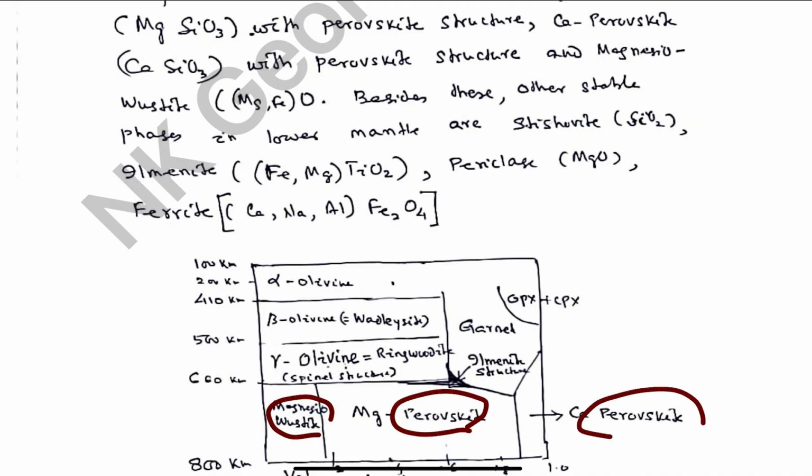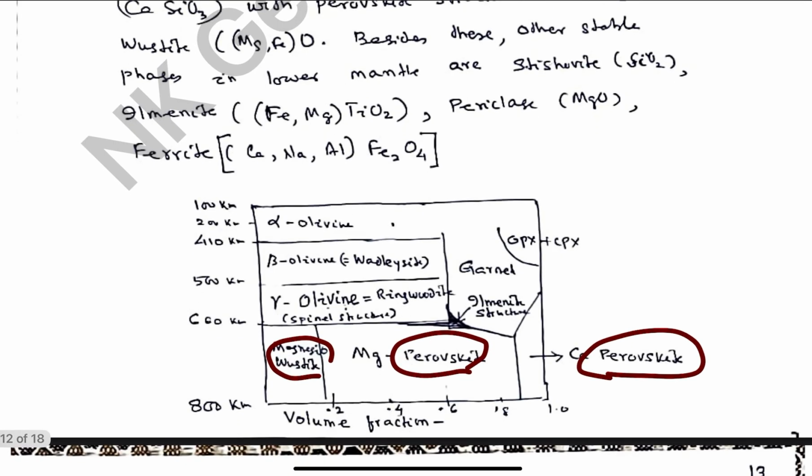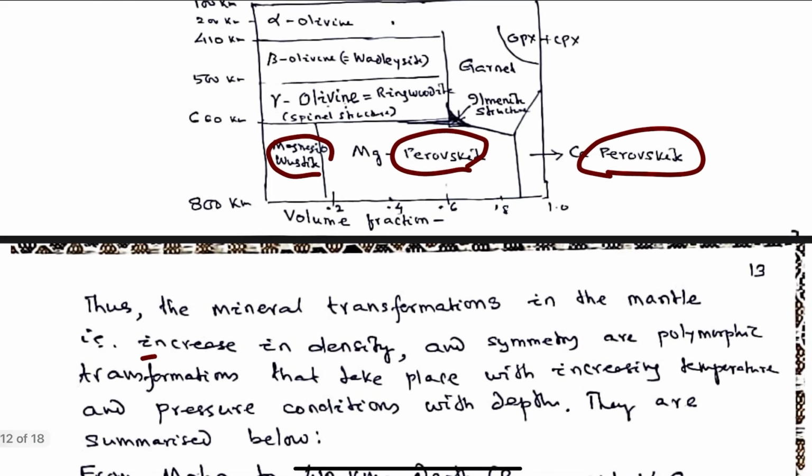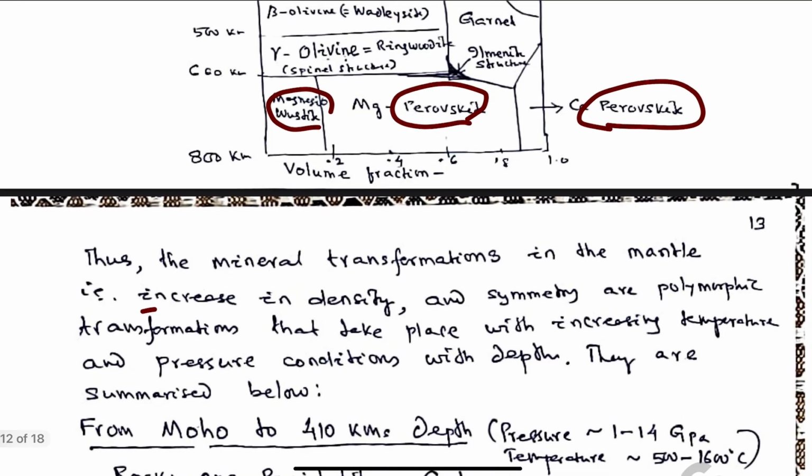magnesiowustite, calcium perovskite. These are the major minerals which are produced in the lower mantle. These are still denser minerals with simpler composition, simpler structure that may be spinel structure.